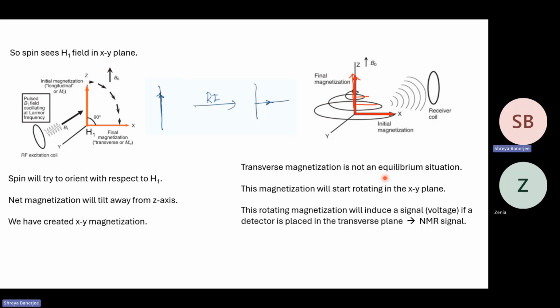And once the initial Z component is restored, then you will not see the NMR signal anymore, because the NMR detector is actually placed in the XY plane. So as long as there is a signal in the XY plane, the detector will be able to pick it up and you will see the NMR spectra. But once it is fully back in the Z axis, the XY component is 0, the NMR spectra will disappear.